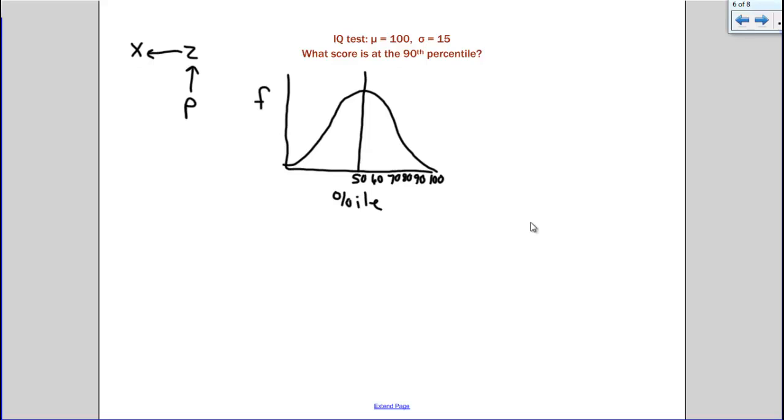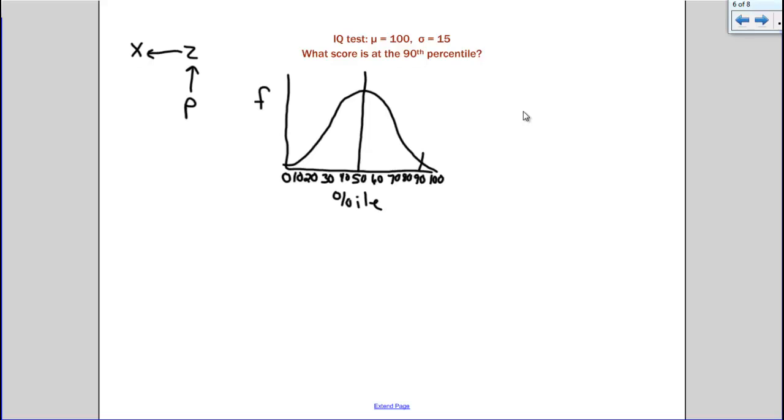And then to the left, they decrease. So for example, 40, 30, 20, 10, and 0. So somebody at the 90th percentile has a score that's as good or better than 90% of the distribution. Or in other words, only 10% of test takers did better than someone at the 90th percentile.